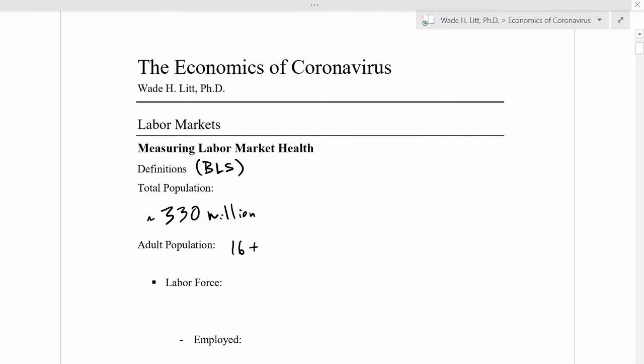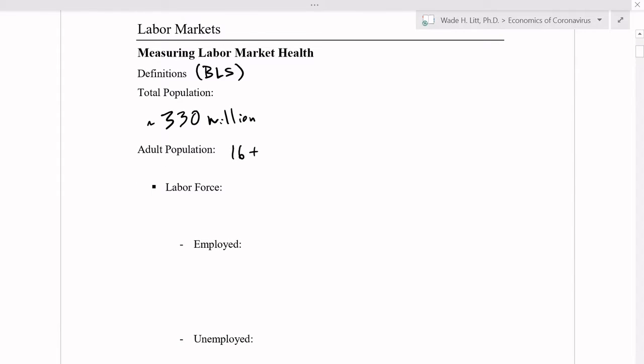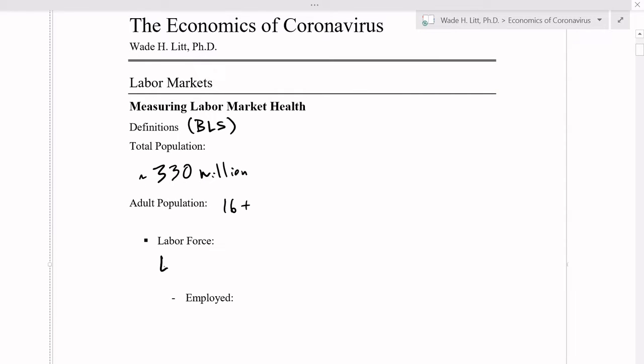And so when we're talking about all the rest of the labor force statistics, we're talking about people 16 years and above. Okay, the labor force is anybody who's employed or unemployed.